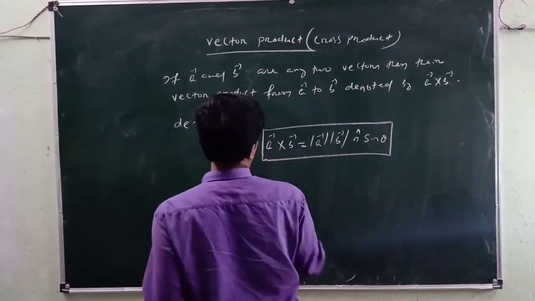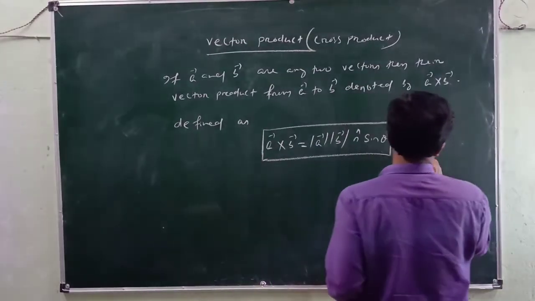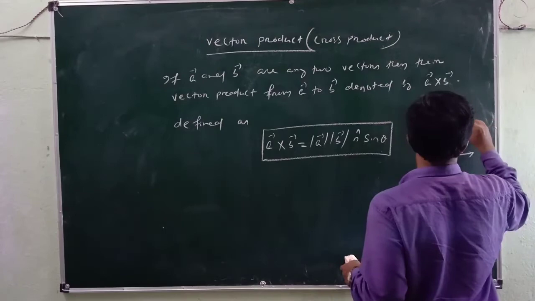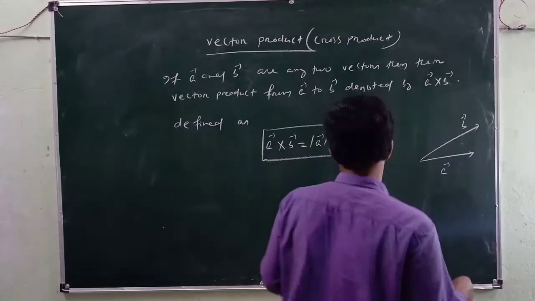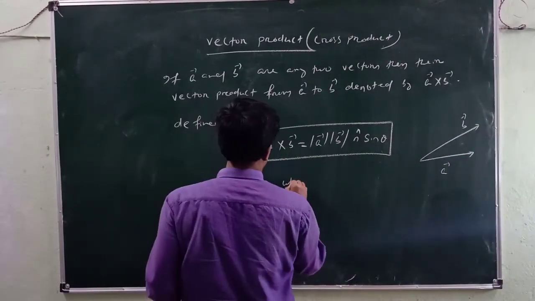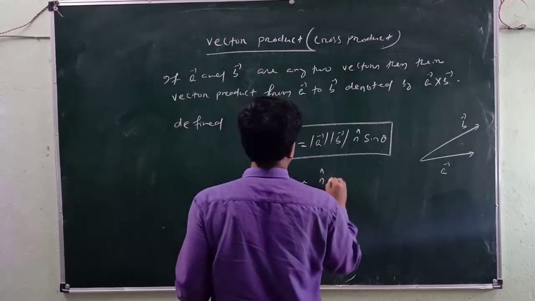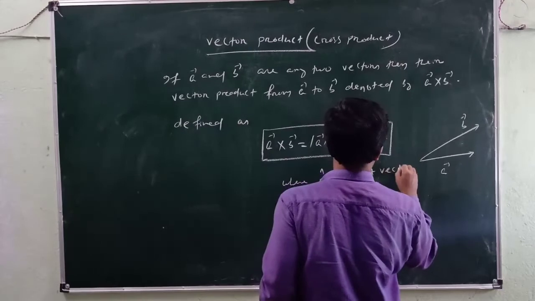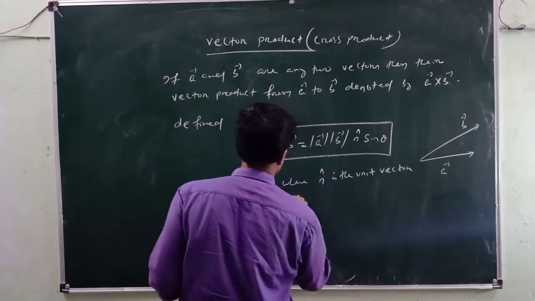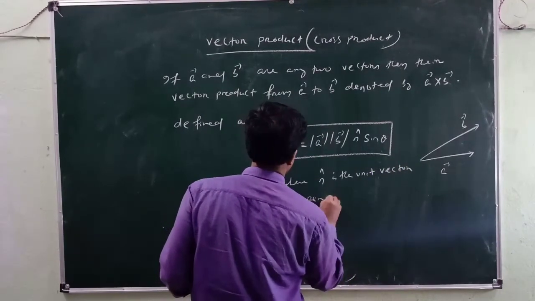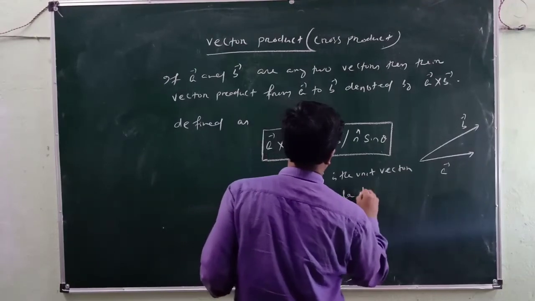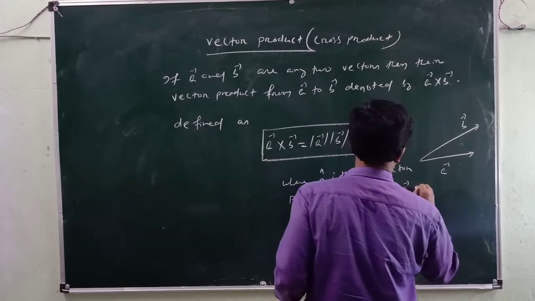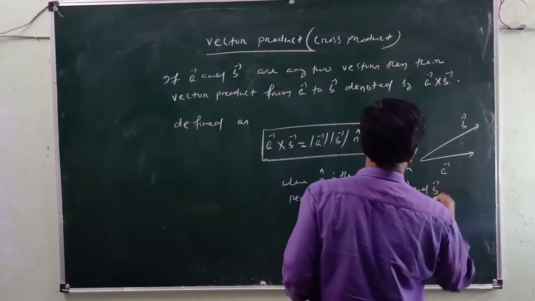Now look, suppose I write this vector as A and this vector as B. Then n cap is the unit vector perpendicular to both A vector and B vector.